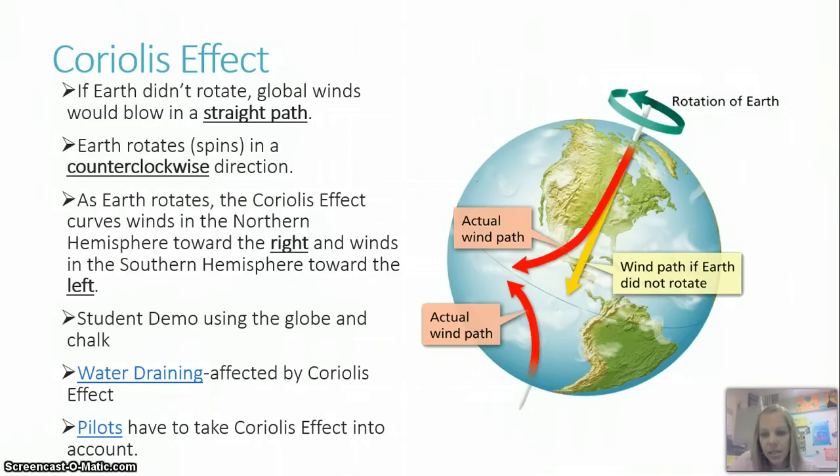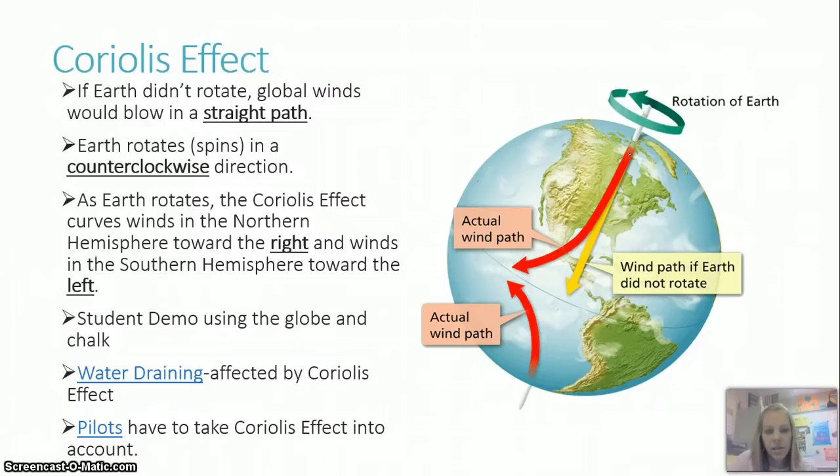So in this diagram, the yellow line represents, since we have the coldest temperatures, the highest pressure here, and the warmest temperatures, the lowest pressure here, wind would blow in this direction, okay? And so the yellow represents how the winds would blow if the Earth didn't spin. But what happens is the Earth is spinning right underneath this atmosphere that we have above it.